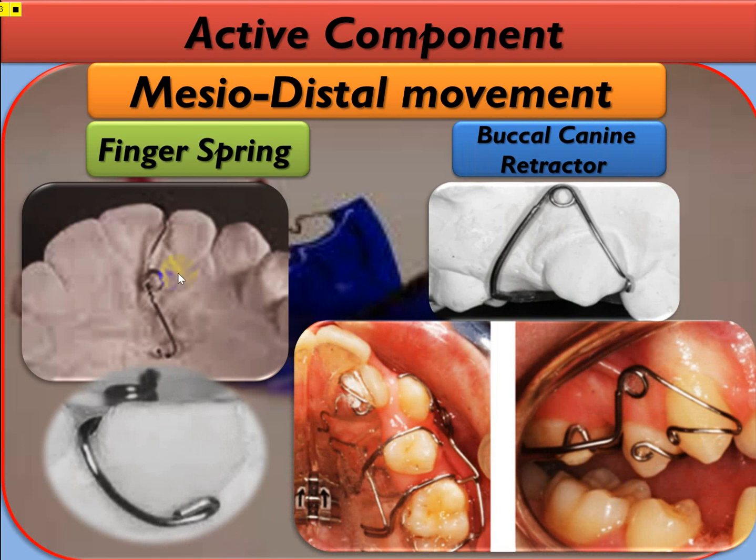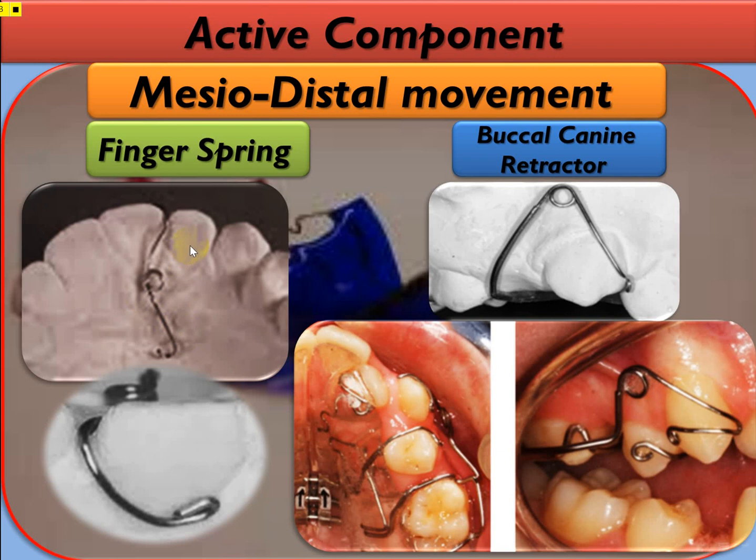The simple finger spring, you took it in your lab and you worked with the simple and guarded finger spring. The simple spring is made of 0.6 mm hard stainless steel wire. It is located palatally, while the guarded one is also located palatally and made from 0.5 mm hard stainless steel wire.